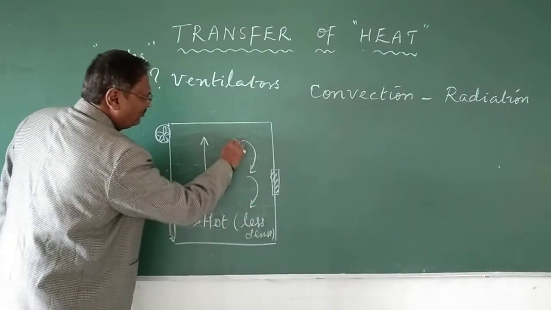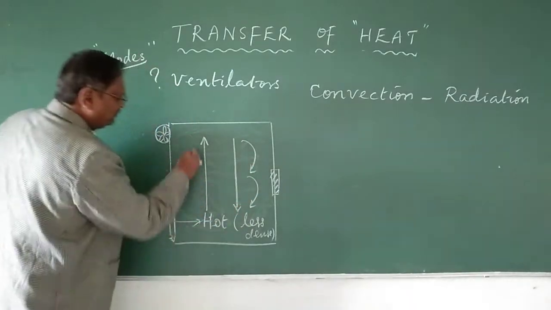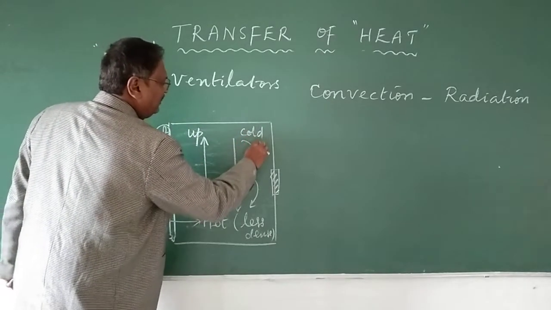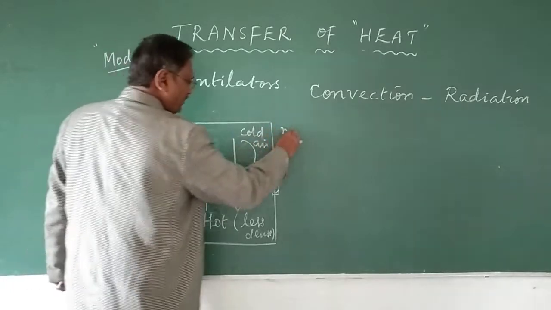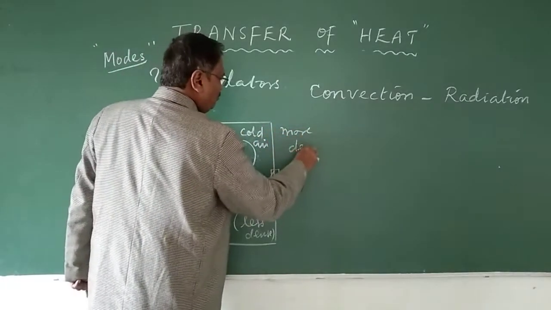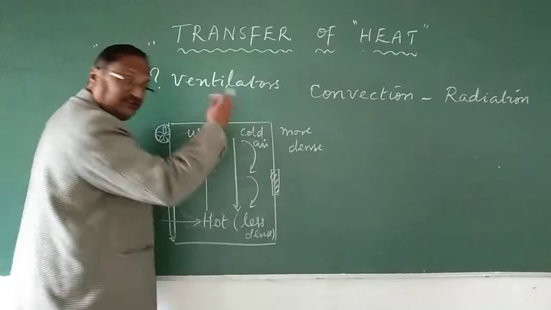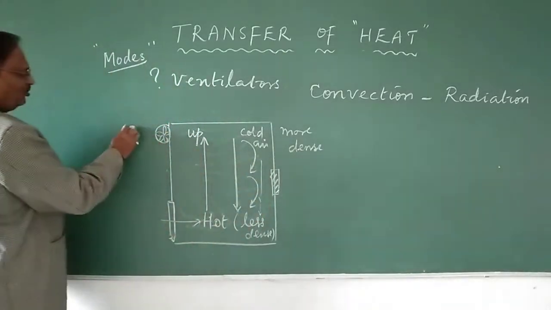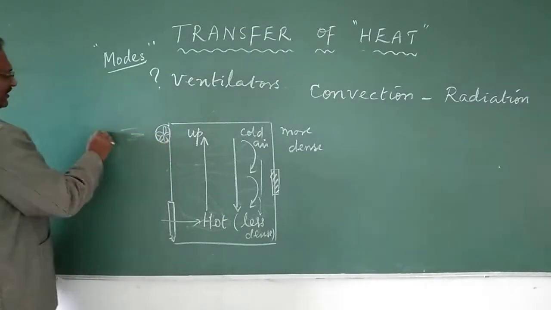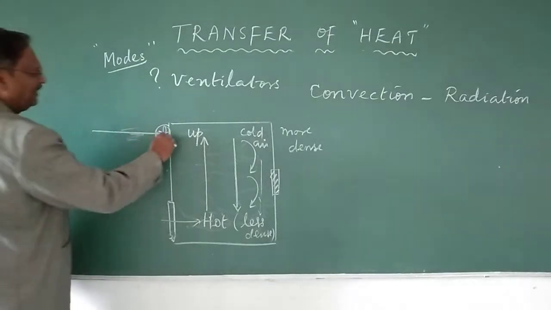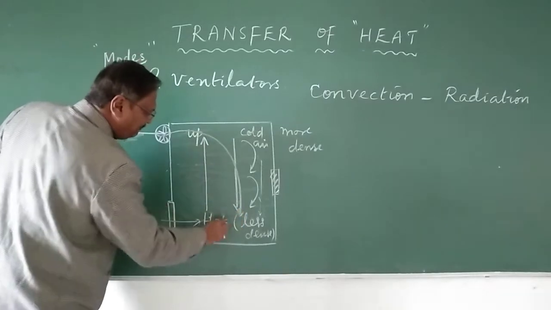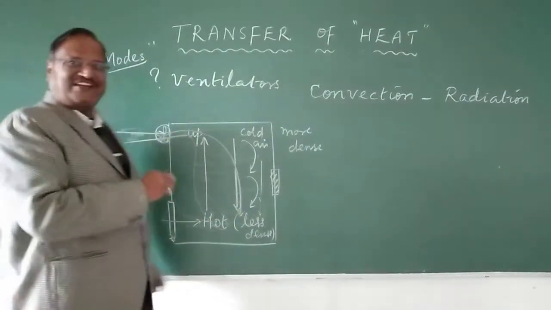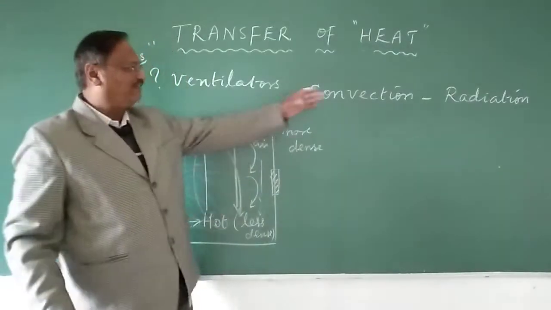Cold air, which is more dense because it is heavy, comes down. And outside, usually the cold air will come like this and replace the hot air, and the hot air will go out. This process is called convection.